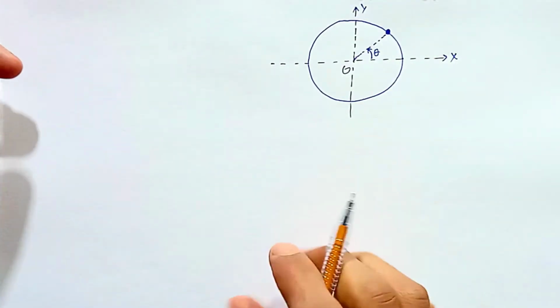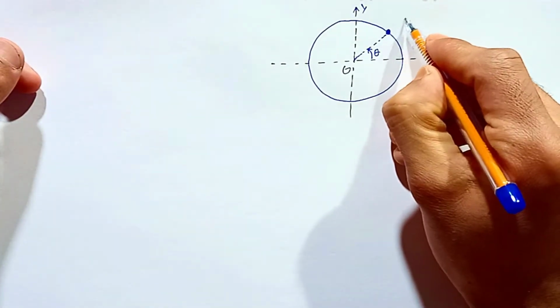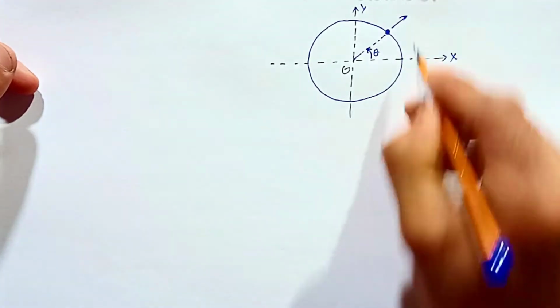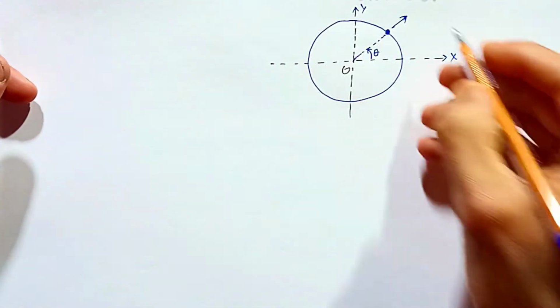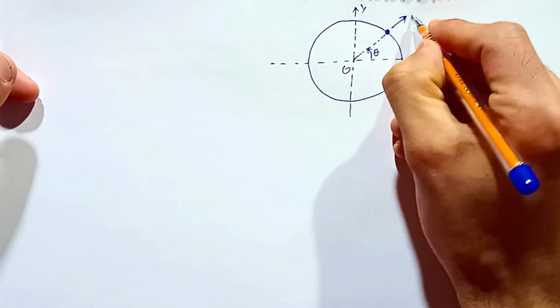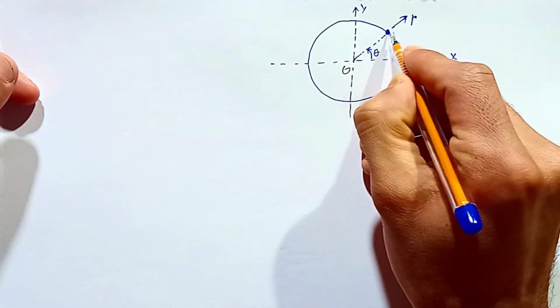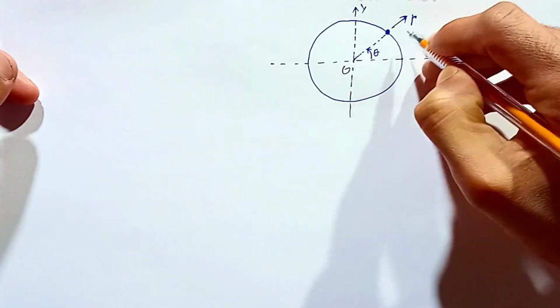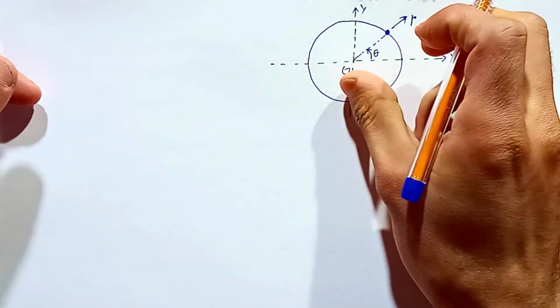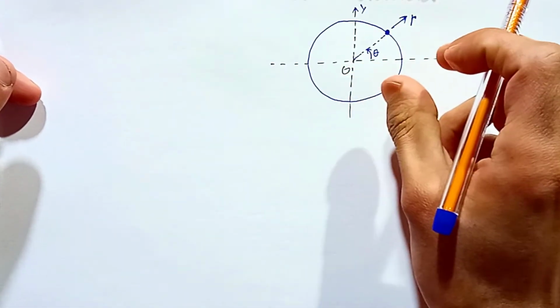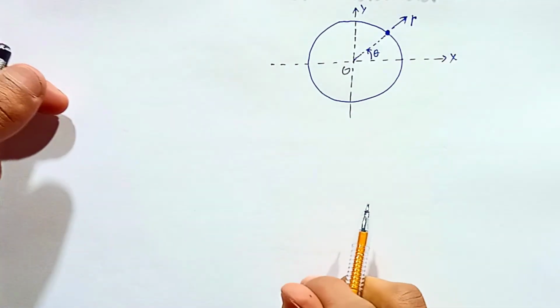Furthermore, you have to keep in mind that along this axis you are taking the position vector r. This is the position vector, from the center toward the particle, which gives the position vector.